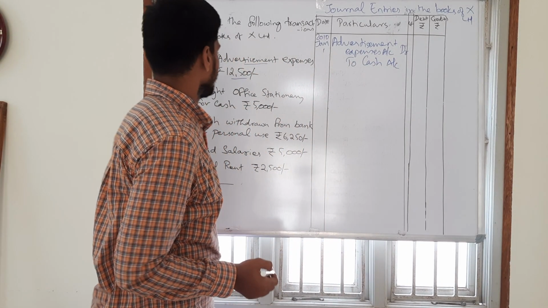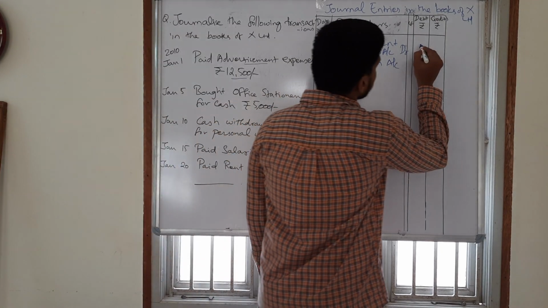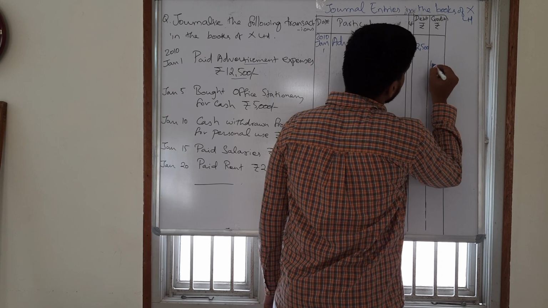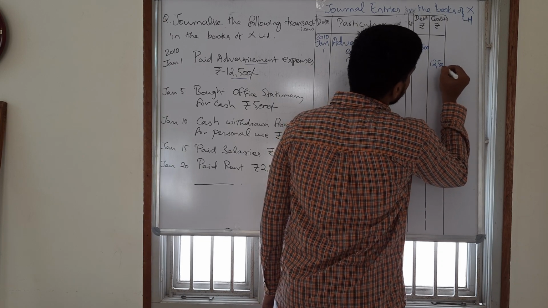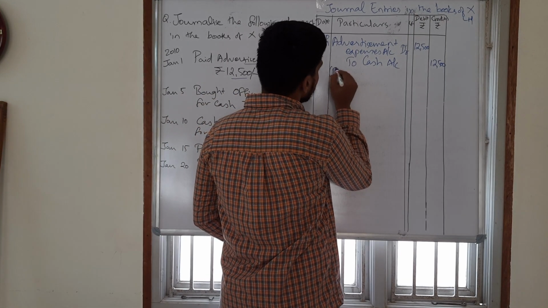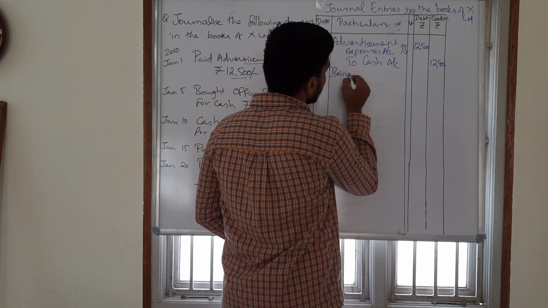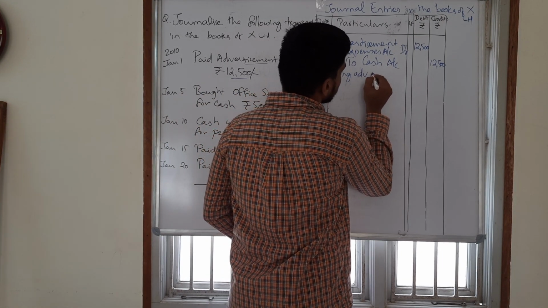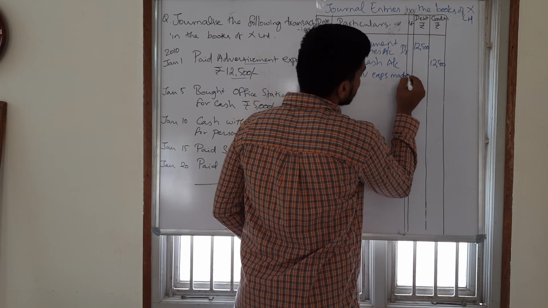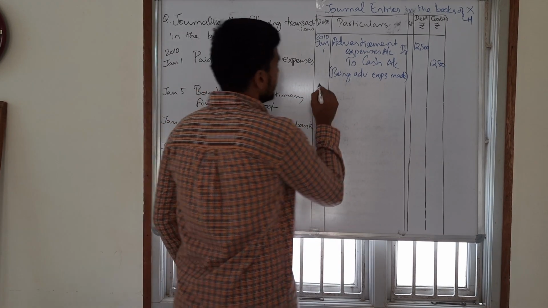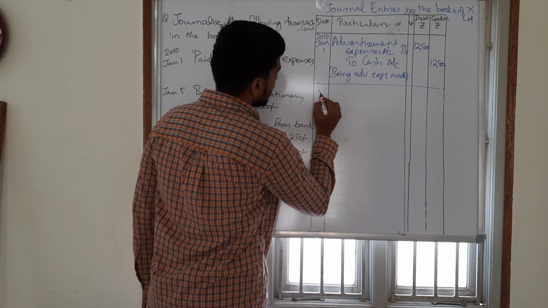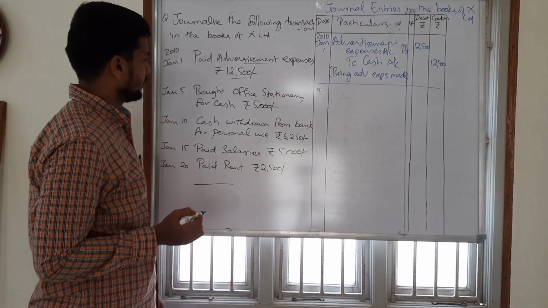What is the amount? 12,500 in the debit and 12,500 in the credit also recorded, being advertisement expense made. Okay, then the next transaction is January 5. We put the date as January 5.